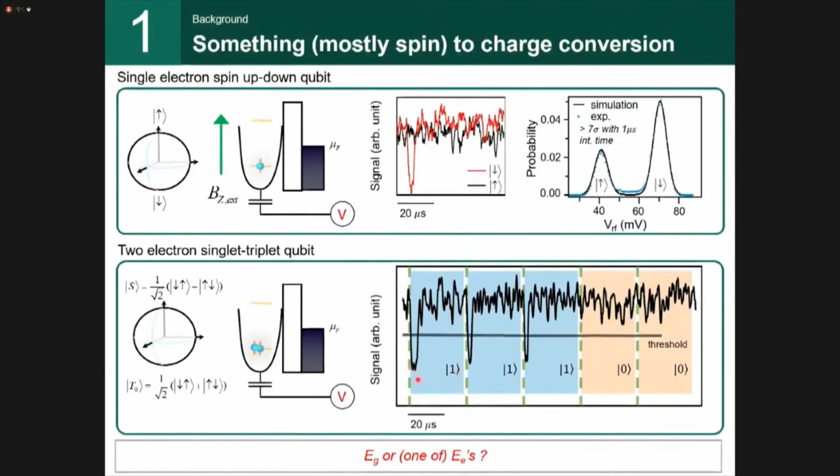Depending on whether there is a pulse or not, we can distinguish the 0 versus 1 state. So basically what we are distinguishing is whether the qubit state is ground or one of the excited states. This is called single shot based qubit readout in the semiconductor research field.